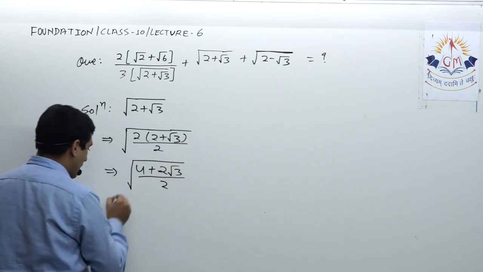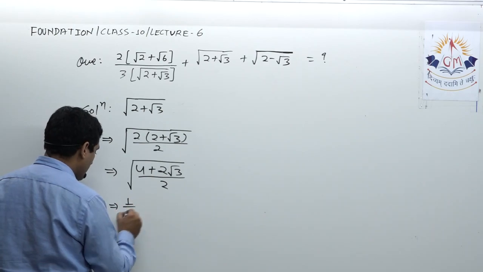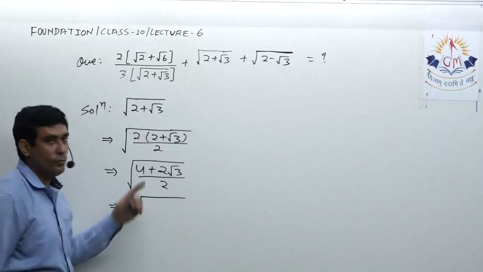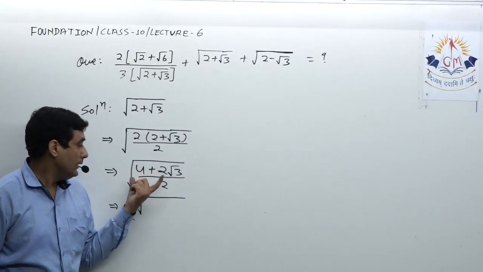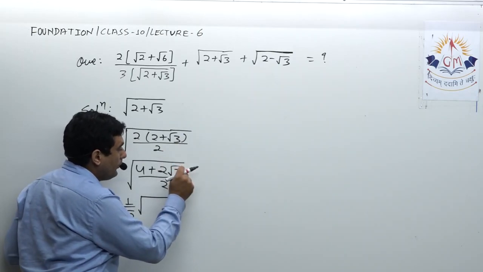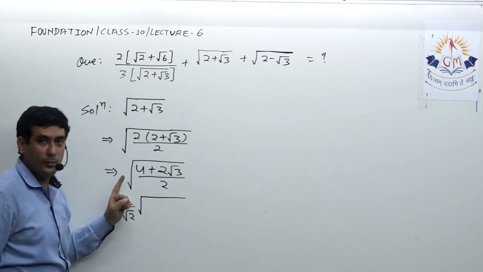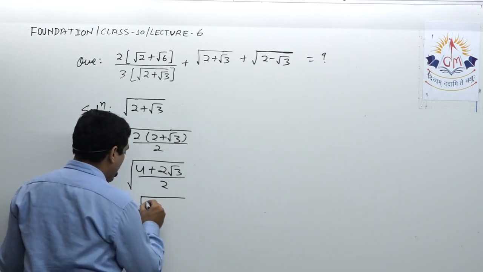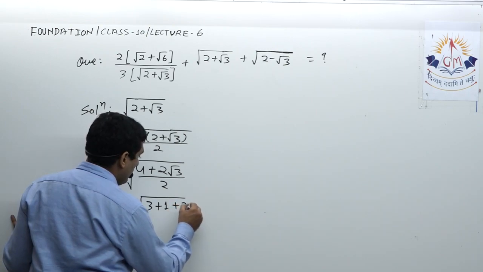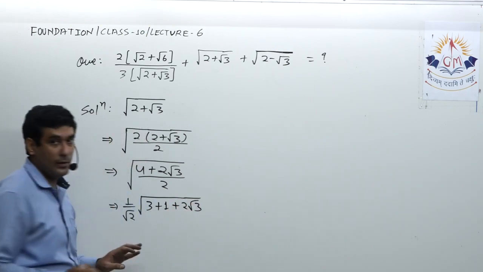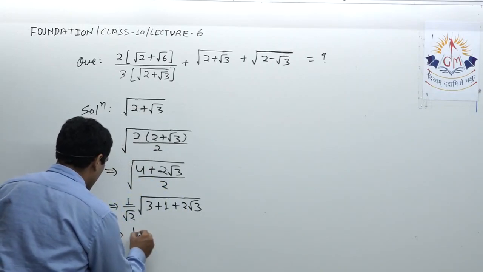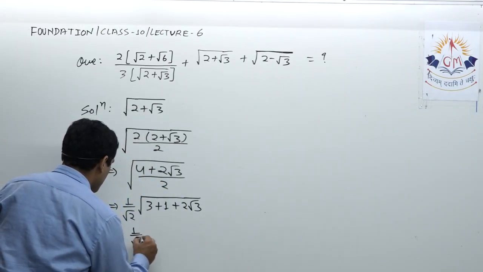Now I will take this 1 upon root 2 in this way, and I will focus on how to get the square root of this 4 plus 2 root 3. Now this is in the standard form, so I have to think about two numbers whose product is 3 and sum is 4. So the numbers are 3 and 1. Here I will write 3 plus 1 plus 2 root 3. Now next step I can write 1 upon root 2.